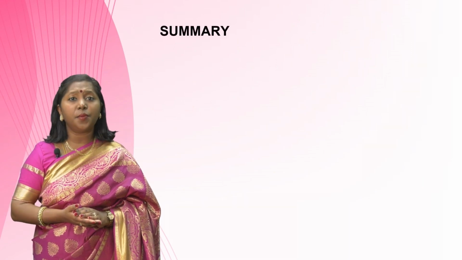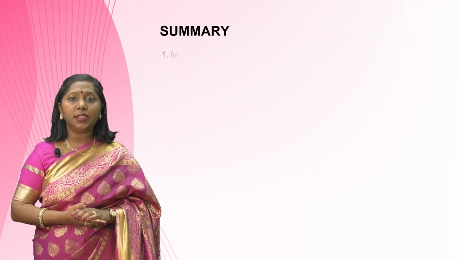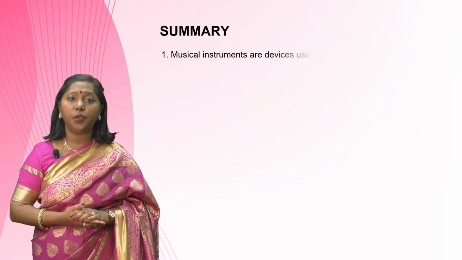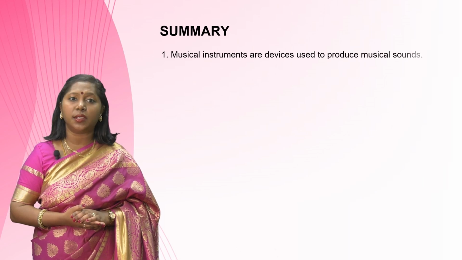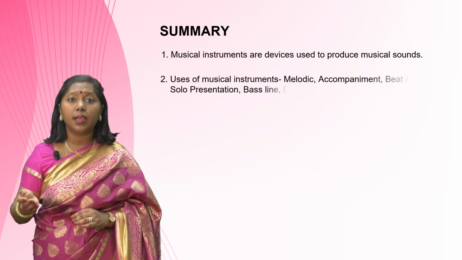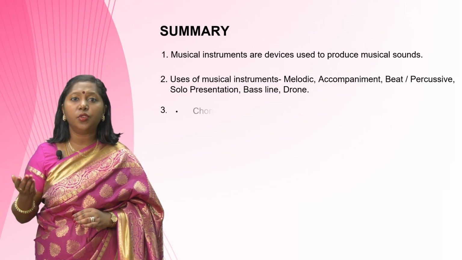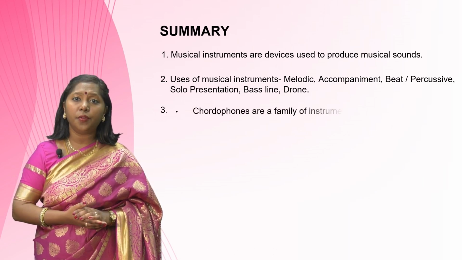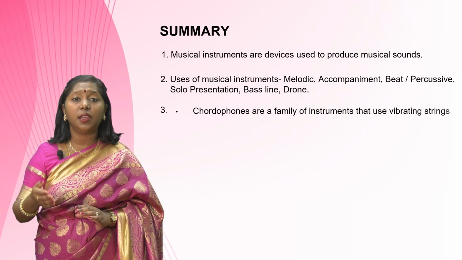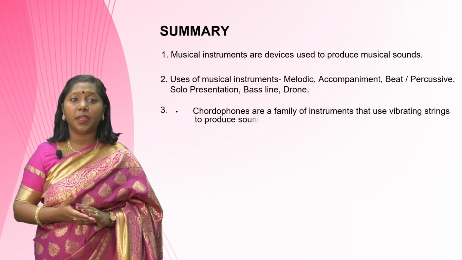Now, let us summarize the main points we have covered in this lesson. Musical instruments are devices used to produce musical sound. Uses of musical instruments are melodic, accompaniment, beat and percussive, and solo presentation. Chordophones are a family of instruments that use vibrating strings to produce sound.